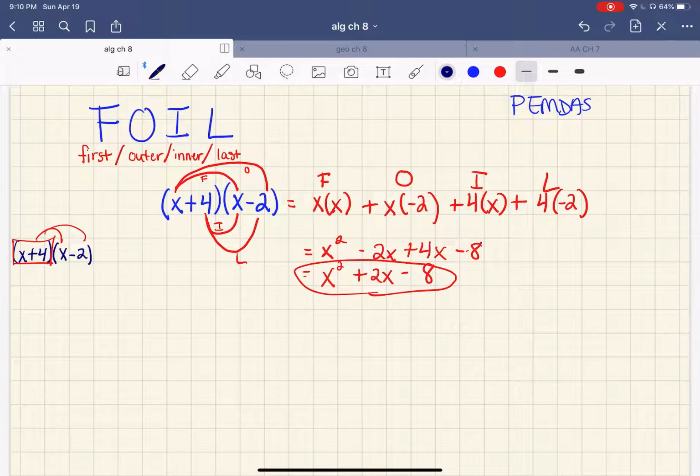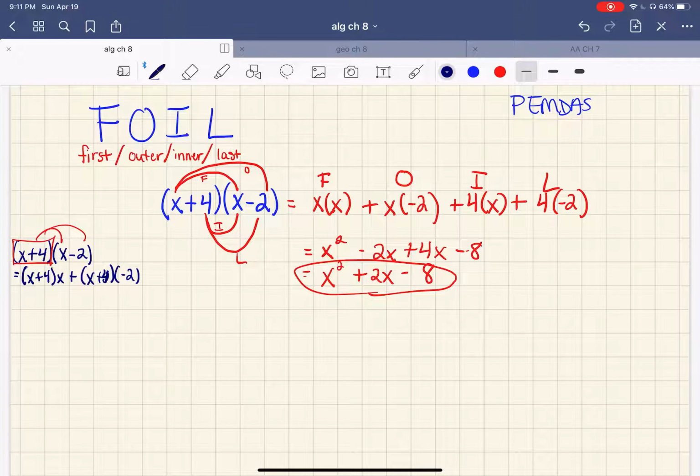But I'm going to show you, doing it the way that we just did on the last page, how this still works to prove that these are the same method and kind of compare where each step is, because they have the same kind of steps. It's just where. So x plus 4 times x, and then plus x plus 4 times negative 2.